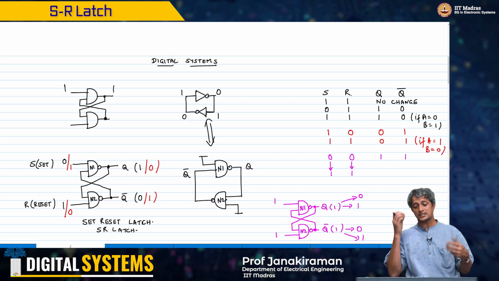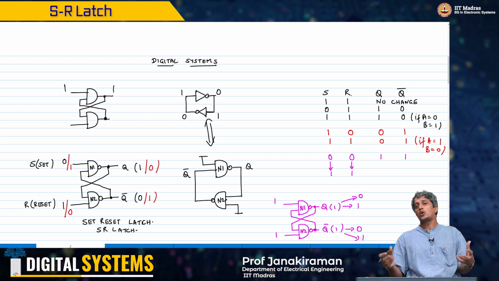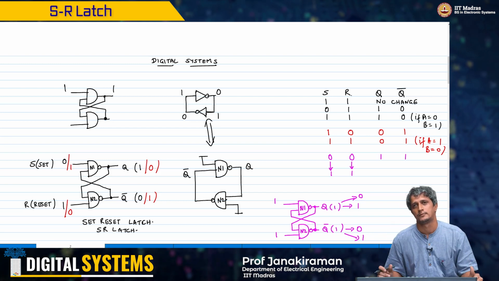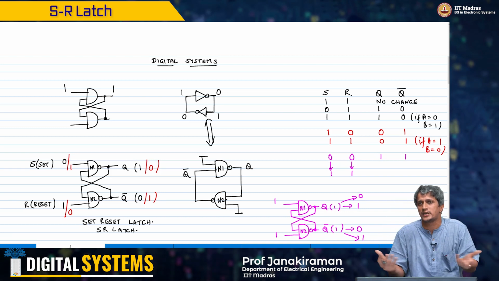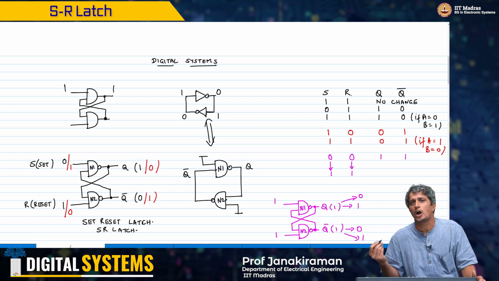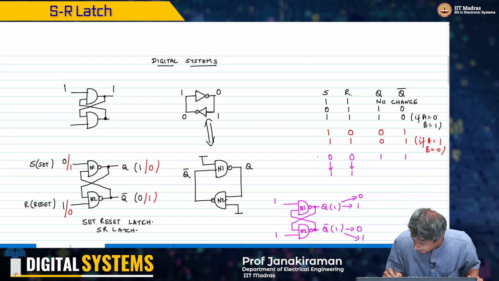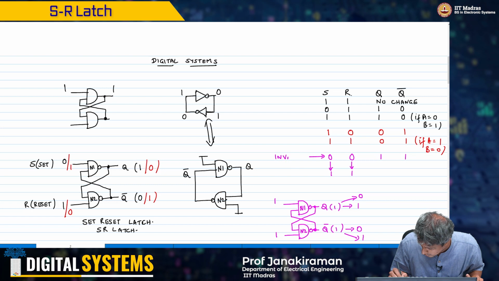So this becomes an indeterminate state, because you do not know which of these two output states it will go to and stop. It will go and hold any of these two output states depending on noise and other things as usual, and that is not in your control, and that is why this is an invalid input.